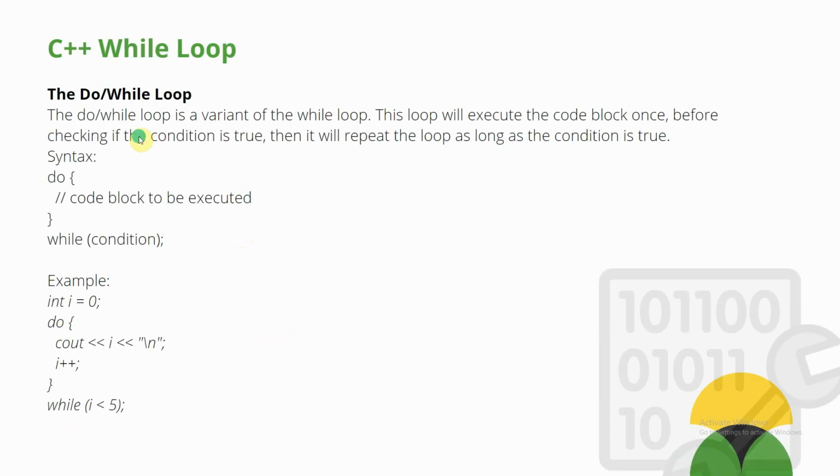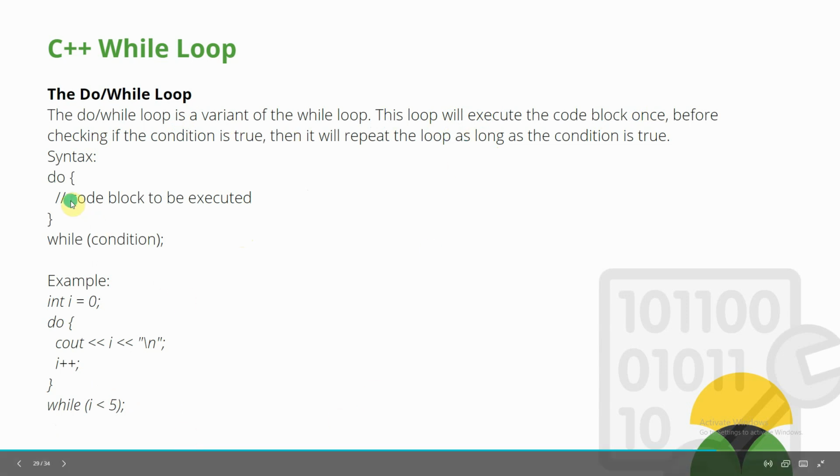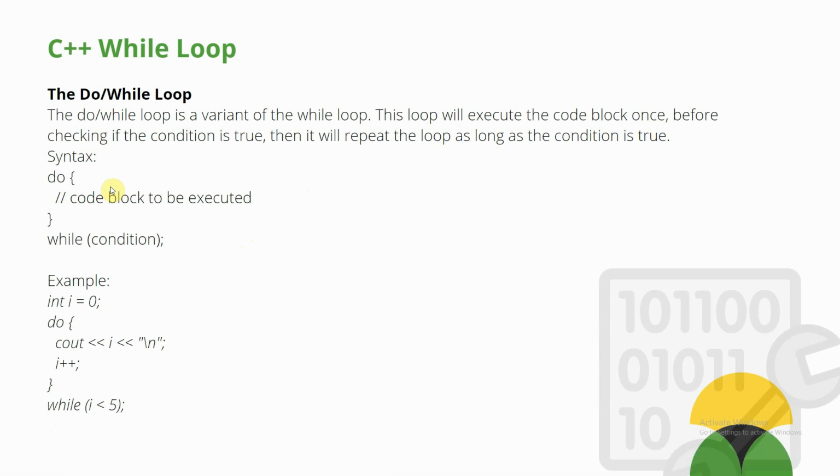The do while is a variant of the while loop. It will execute the code block once before checking if the condition is true. Then it will repeat the loop as long as the condition is true. So the syntax is the code block to be executed using do, and the condition is below, in the while after the main function.